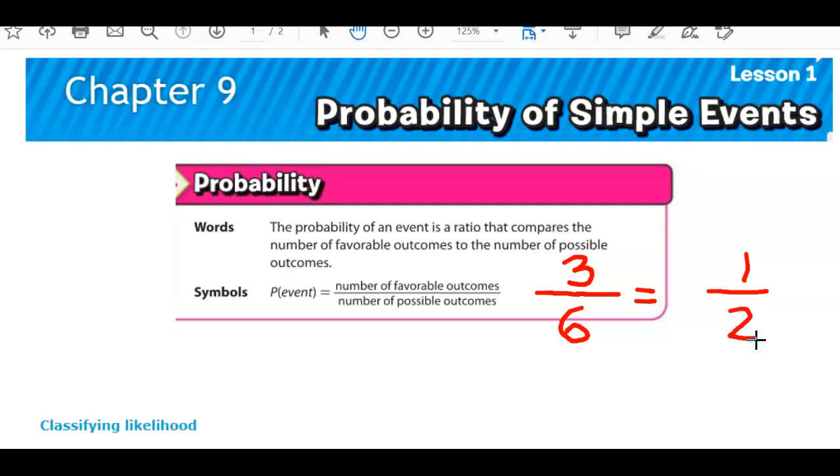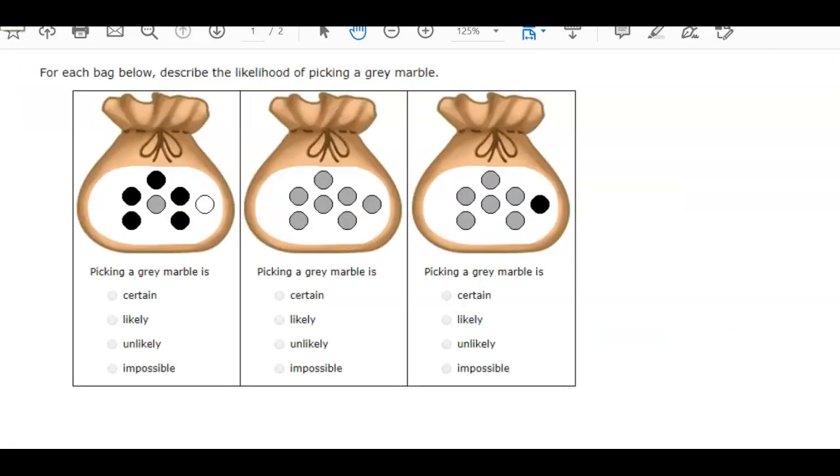Let's move on down to the first problem here. In any case, let's take a look at this. For each bag below, describe the likelihood of picking a gray marble. They're not looking for definitive answers here, you guys, just the overall likelihood. So in this first example, for the likelihood of getting a gray marble, there's only one.